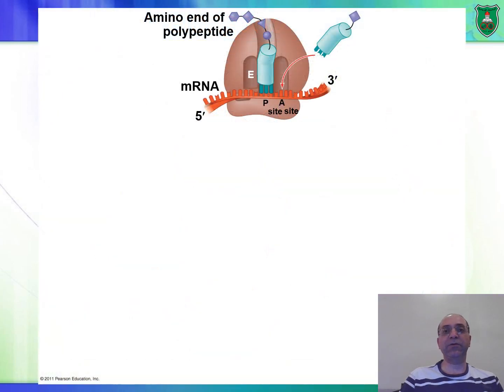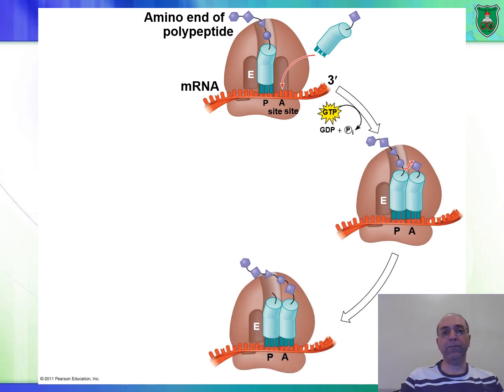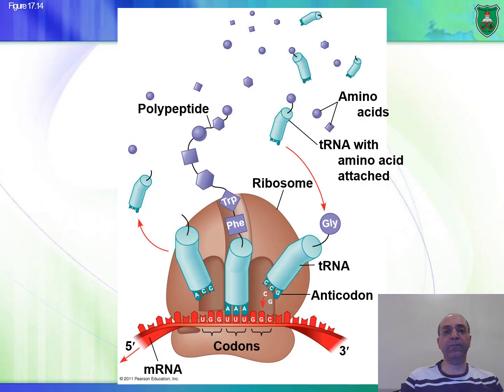So that's how it goes, and so on. So you have this continuous movement, a continuous synthesis of the polypeptide. This is again the methionine, the second amino acid, the third amino acid.